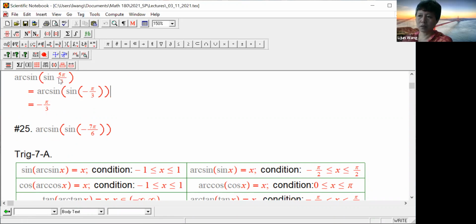These two angles share the same terminal, don't they? Do you follow me? Does everybody follow me?